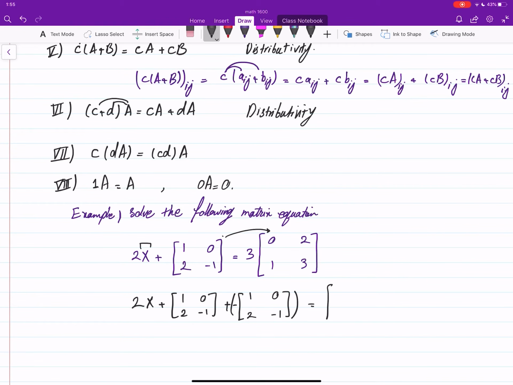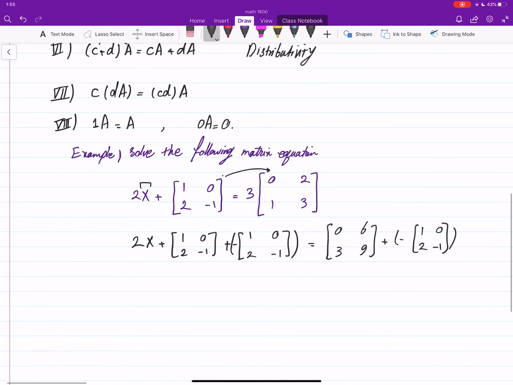And well, let me just multiply this in. Six, 3, 9, then plus negative 1, 0, 2, negative 1.